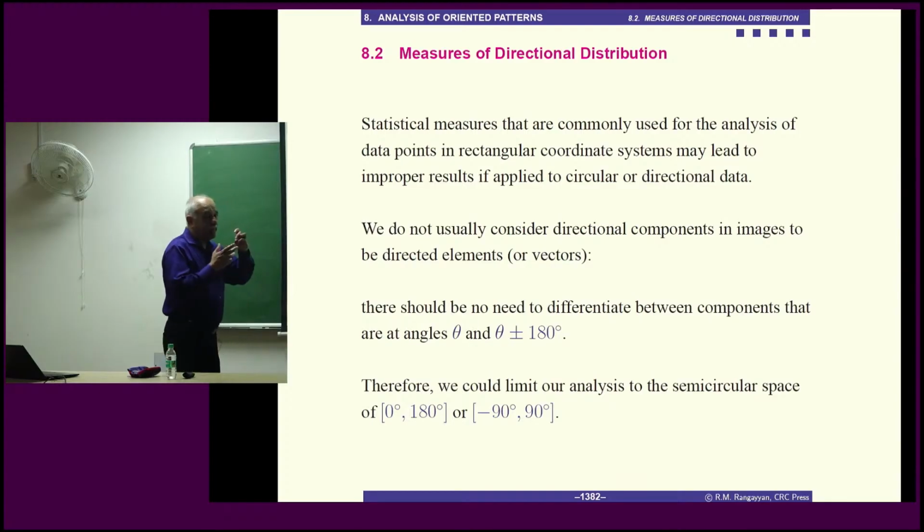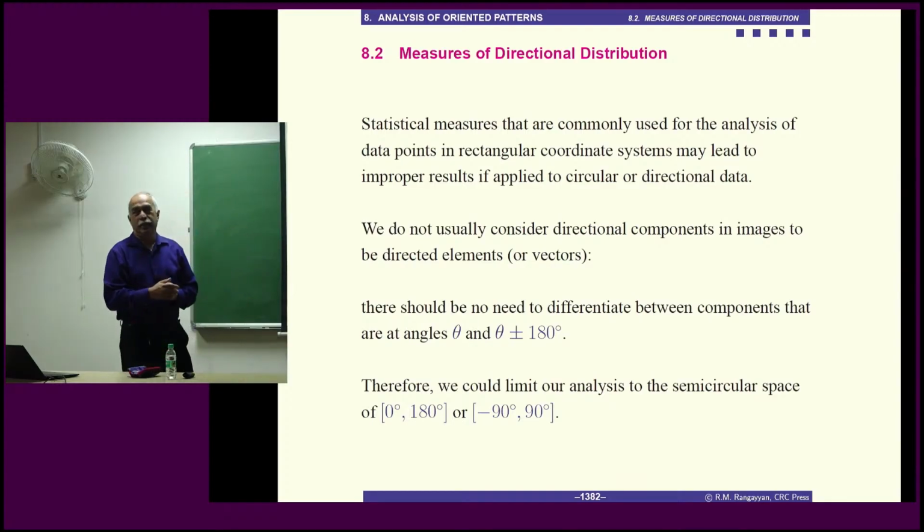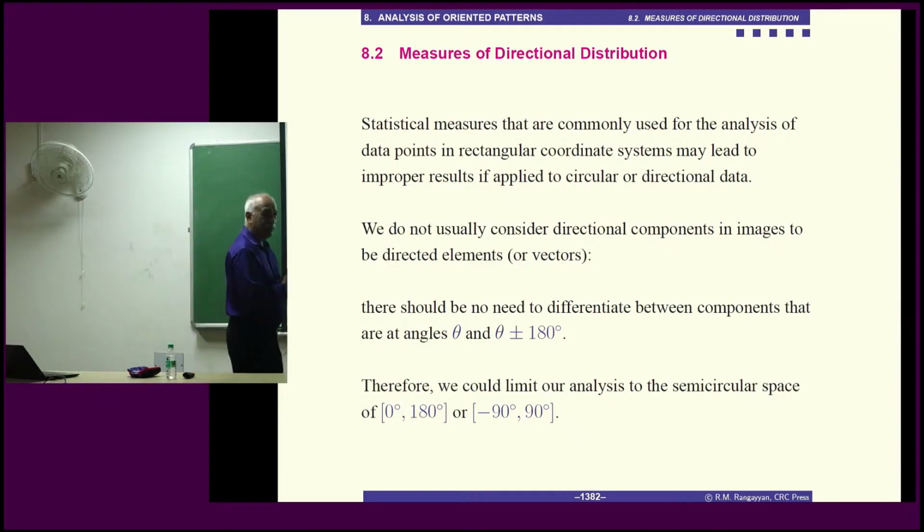So how do you characterize a distribution of that? Typically against angle, magnitude is separate. Statistical measures used in the rectangular coordinate system may not be suitable. So we need to switch to polar coordinates or some angle-based coordinate system. Another question arises: do you want to go 0 to 360 or 0 to 180?